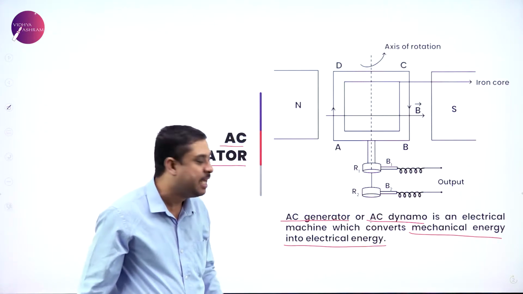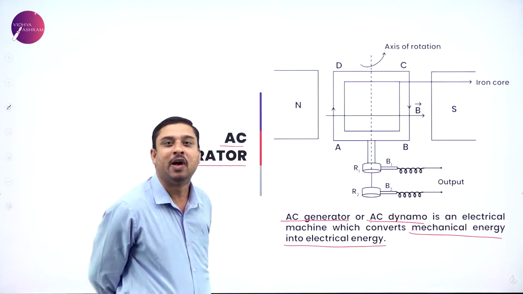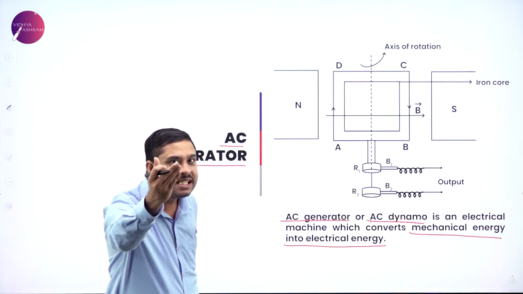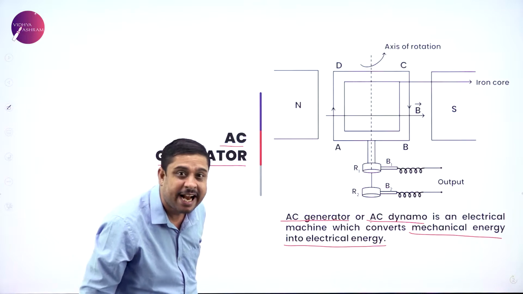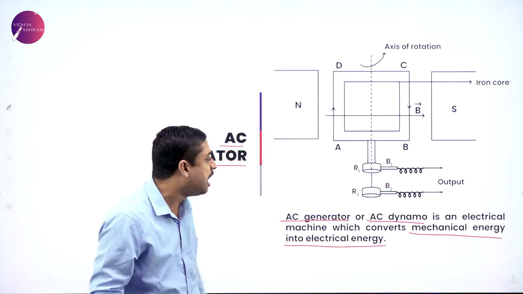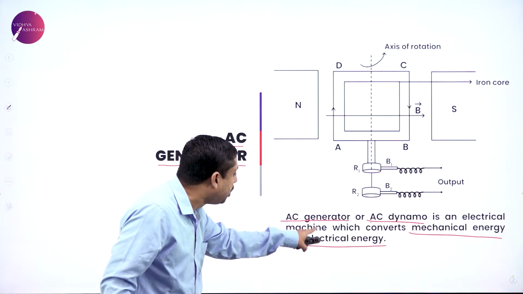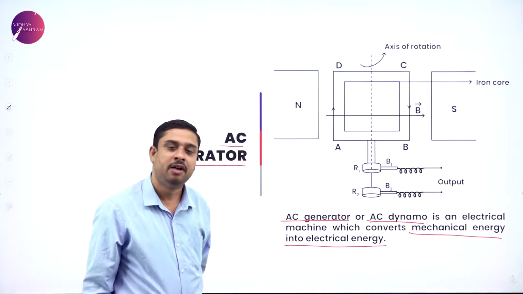Mechanical energy gets converted into electrical energy. Therefore, friends, what is the basic use of an AC generator? To convert mechanical energy into electrical energy.